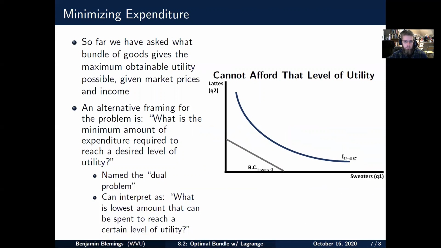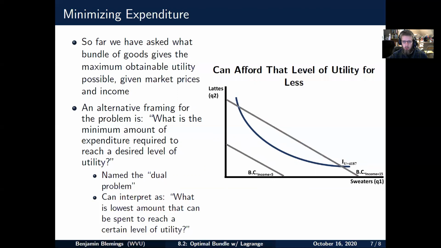And so what we do is we say, well, what if we had our budget constraint for an income of 15? We'd say, well, yeah, we can afford this bundle of goods or this bundle of goods, and get a utility of 4,187. But we could also reach this same level of utility for a lower amount of expenditure.